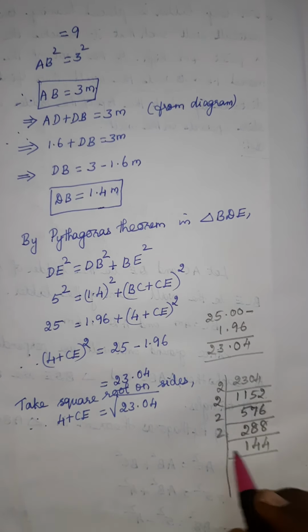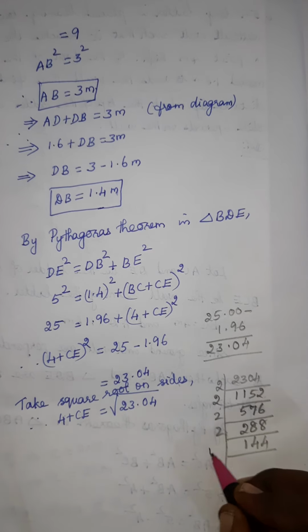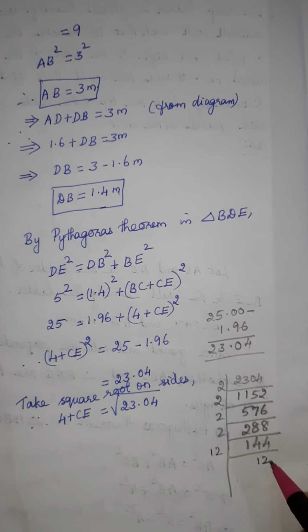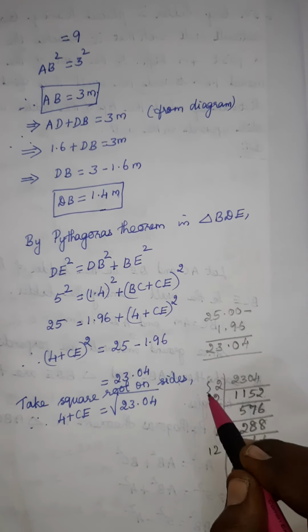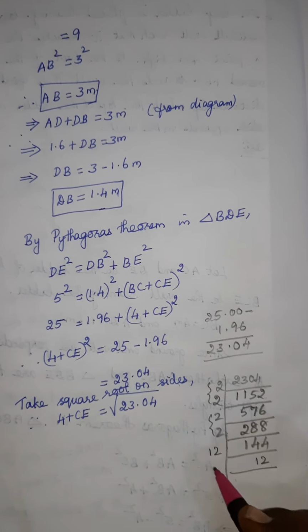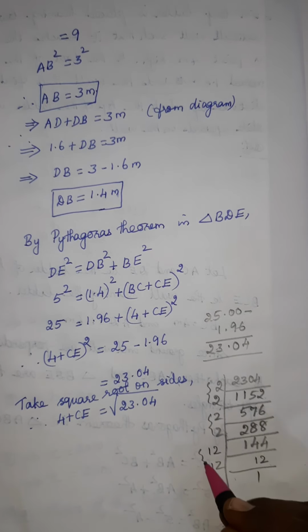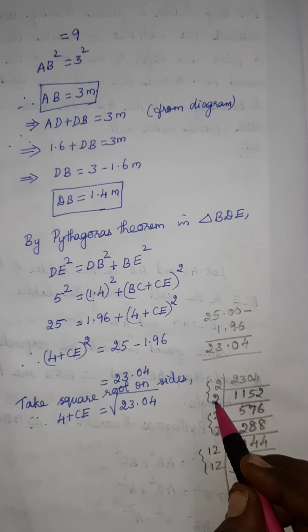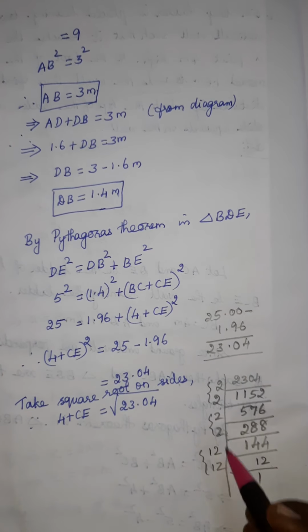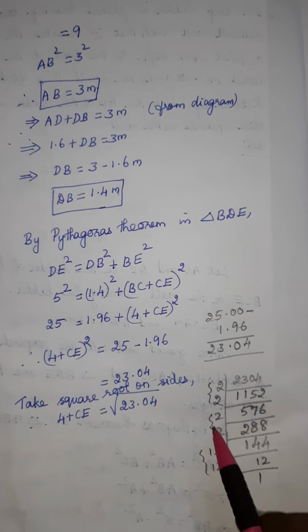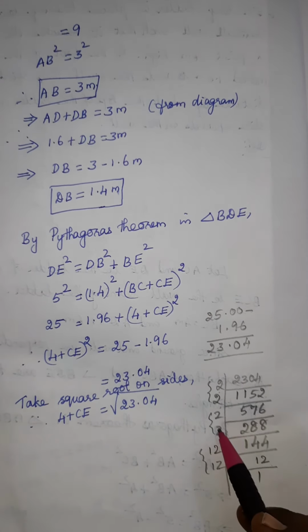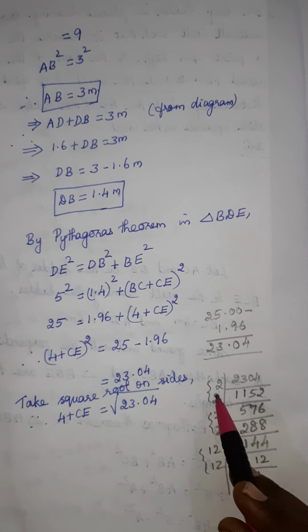You know this 144 is the square of 12, so we can write this as 12 into 12 is 144. So we will get the pairs. From this pair you take 2, from this pair you take 2, from this pair you take 12. So 2 into 2 into 12: 12 into 2 is 24, 24 into 2 is 48.